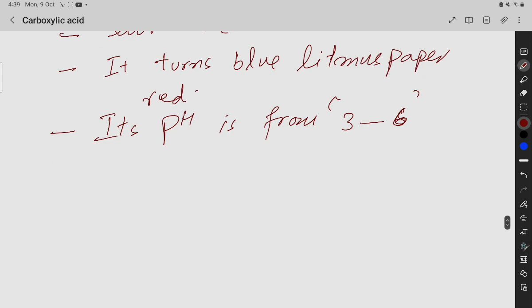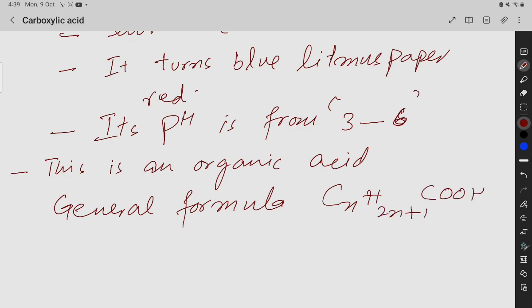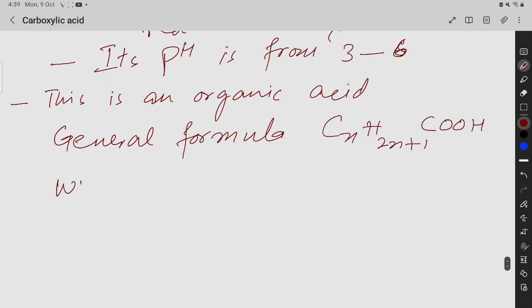Now what is carboxylic acid? This is an organic acid. In general the formula is CnH2n+1COOH, where n=0, n=1, or n=2.